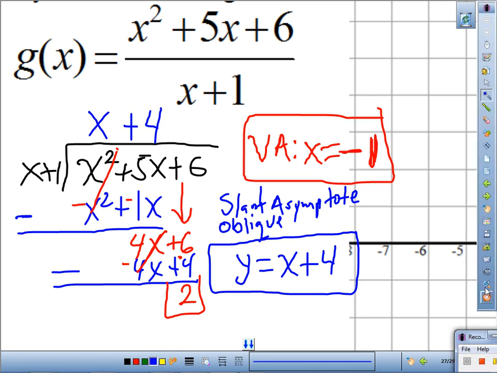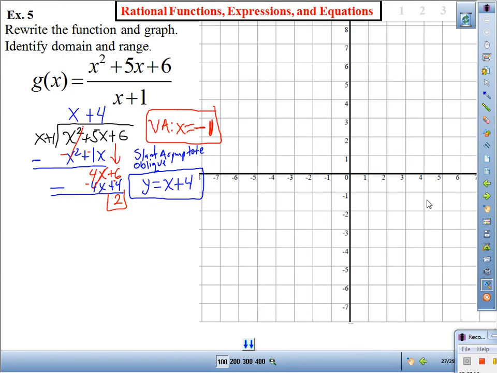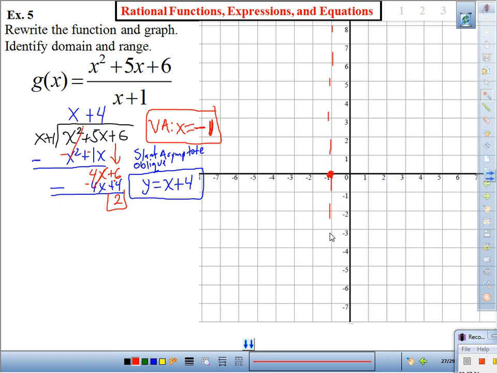So let me zoom out. Check this out. I'm going to start with my vertical asymptote. It's at x equals negative 1, which is here. Now let me show you the slant asymptote. Do we know how to graph this? Yeah, we start at what? Positive 4, which is right there.